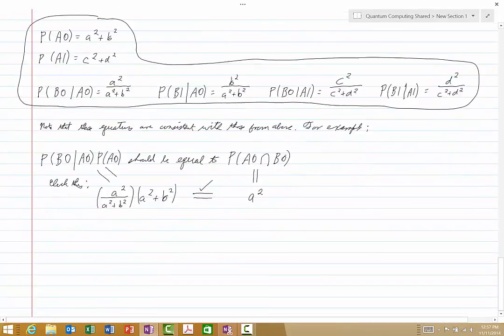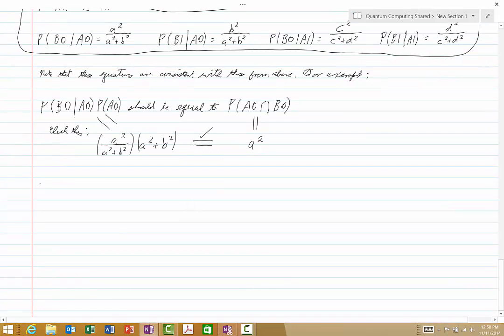Okay, let's start again with the state equals A 00 plus B 01 plus C 10 plus D 11, and the assumption again, A, B, C, and D all positive real.